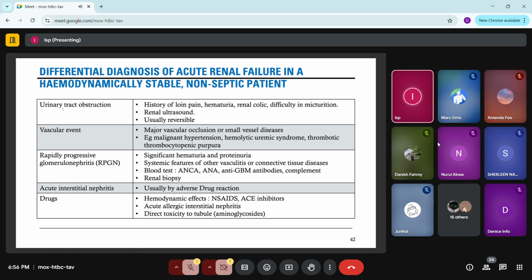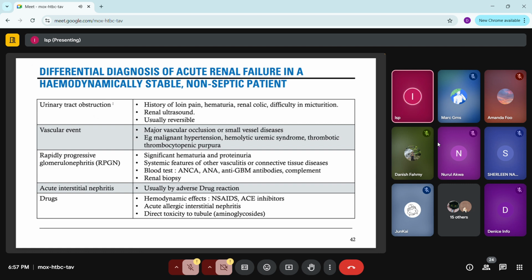A common scenario will be a patient just walks in with renal failure. Patient came in with urea and creatinine very high, creatinine 800 plus, but their blood pressure is all normal. Means they do not have a clear prerenal cause. They do not have shock. They do not have reduced perfusion. So how do you want to work that out? Common causes are still the obstructive, post-renal causes.